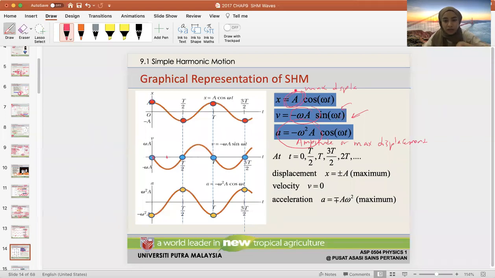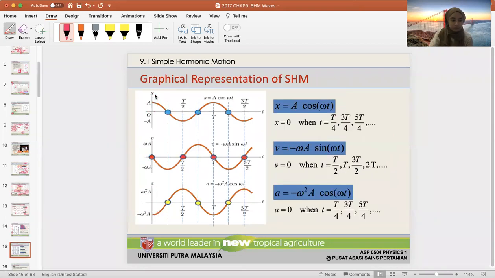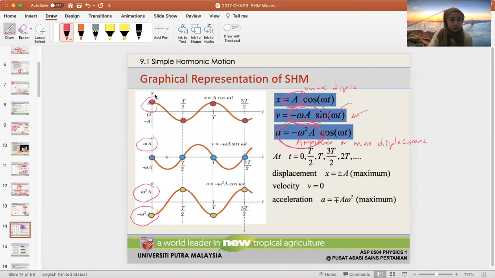For x, your amplitude is A. For v, your amplitude is this whole thing, omega A. For acceleration, your amplitude or maximum displacement is minus omega squared A. So amplitude depends on your equation. It's not constant, for the graph.